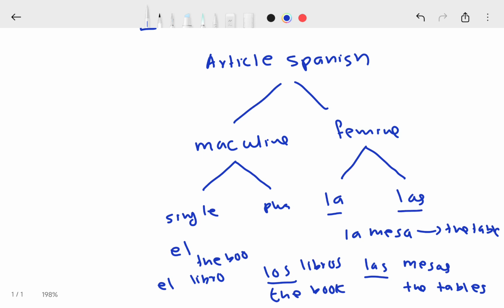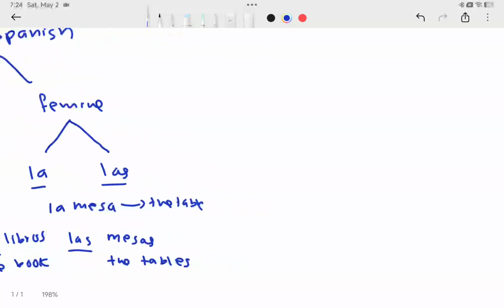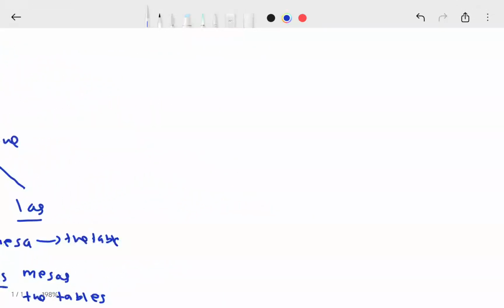Let us understand in depth how we can understand the gender in a simple and more generic way. If a word ends with O, it is generally considered masculine.